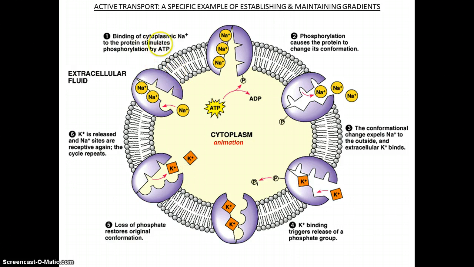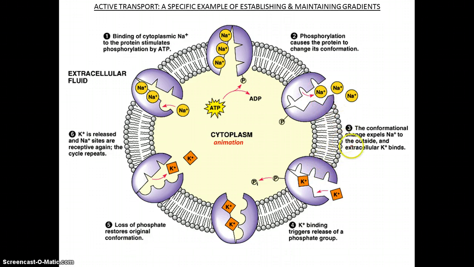So what happens is, first, this protein has a high affinity toward sodium, so the sodium ions bind, and ATP gets hydrolyzed and phosphorylates this protein. And whenever you phosphorylate this protein, you see a conformational change, and that conformational change causes the sodium ions to be released. So this protein no longer has that high affinity for it.